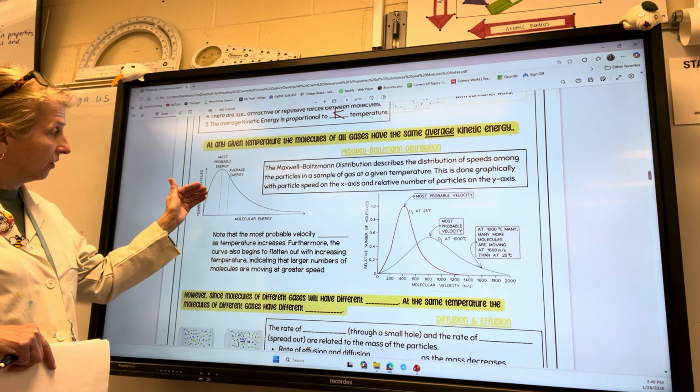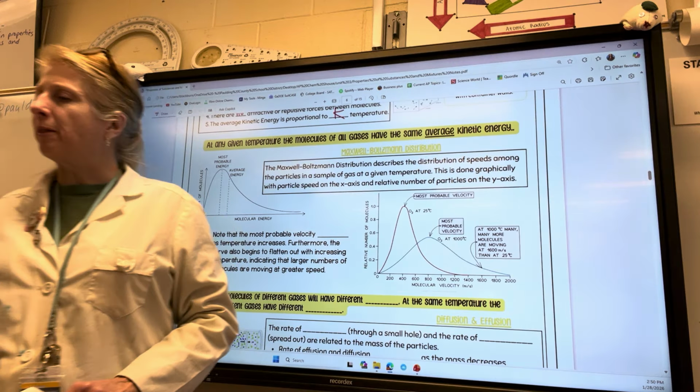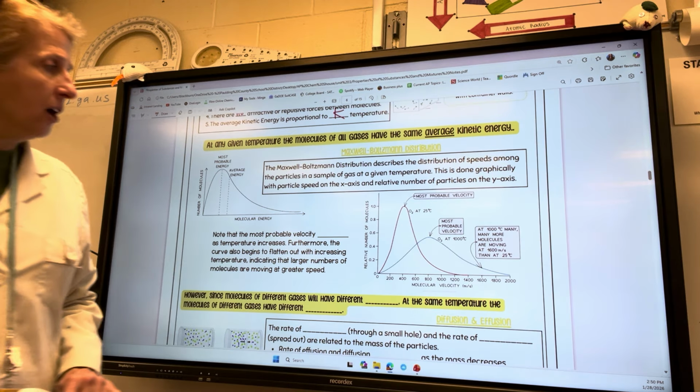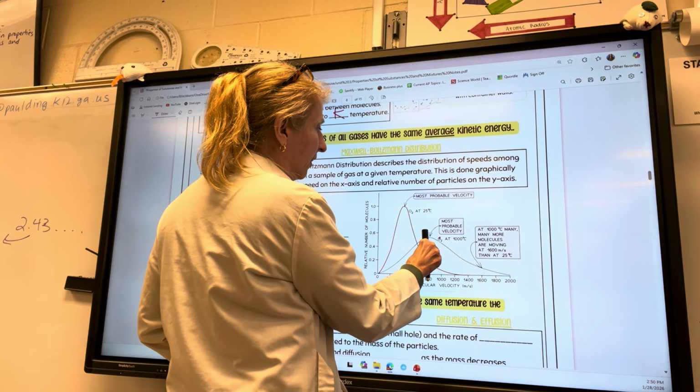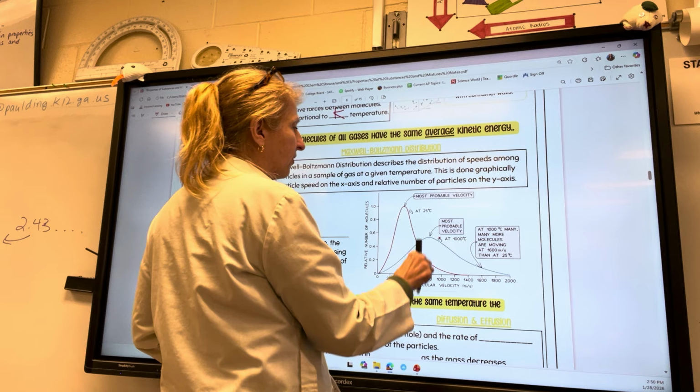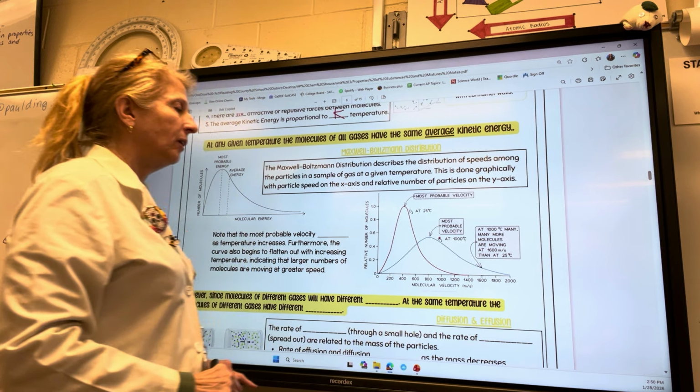Does that make sense to you? How do you feel about that? Notice that the peak is not at 1,000, it's back some, because the most probable is not the same thing as the average.